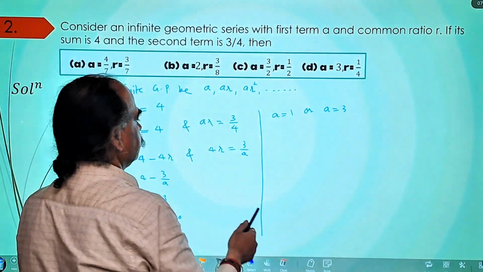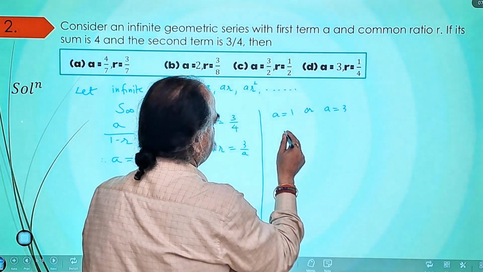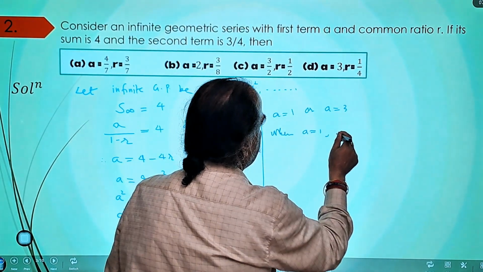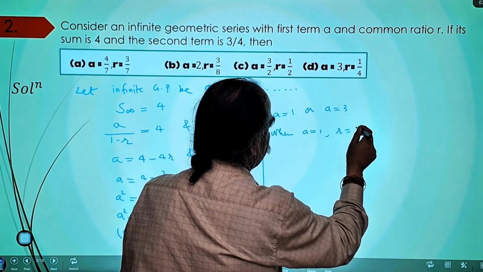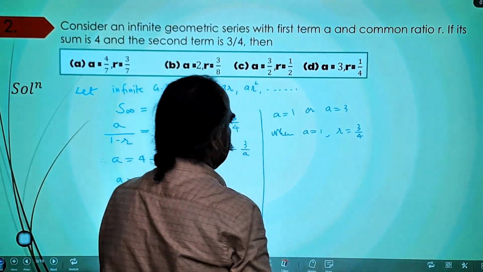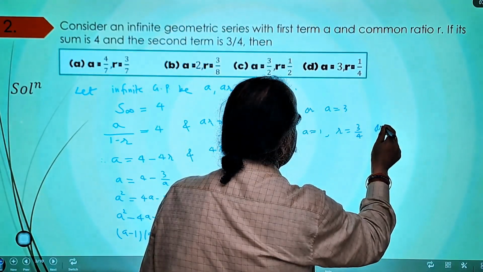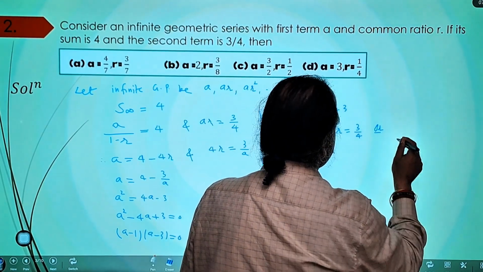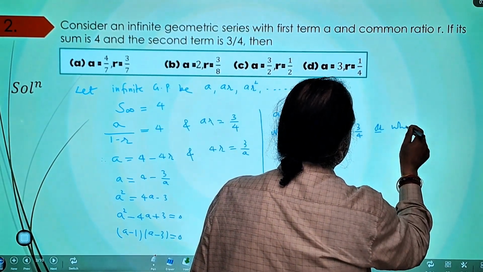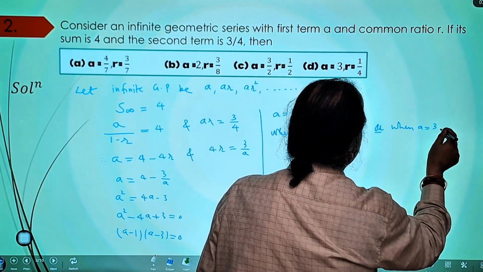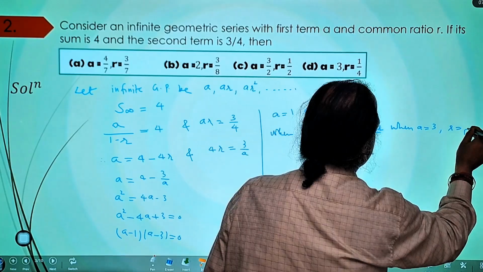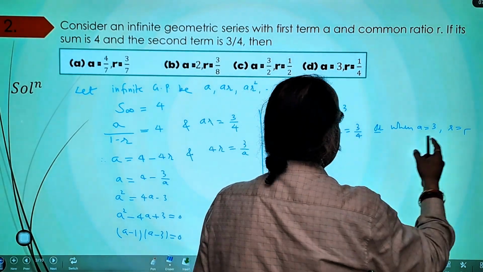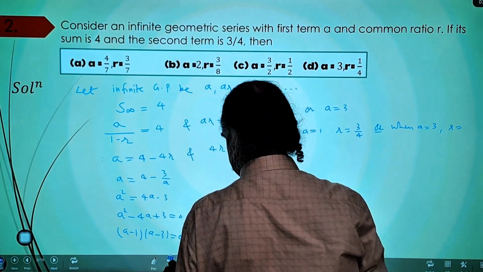When A is 1, R will be 3 by 4, and when A is 3, R is 1 by 4.